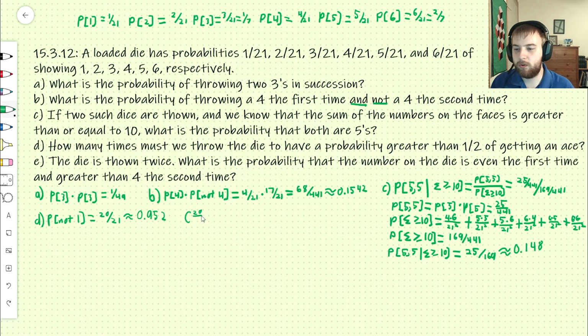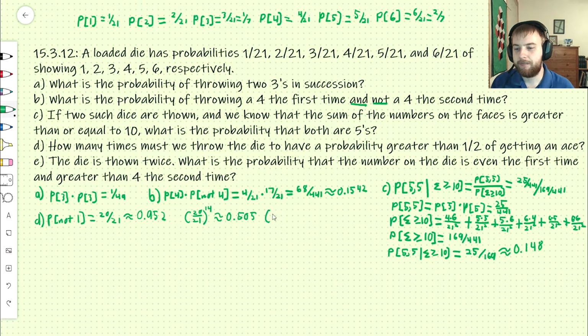So we're taking multiples of 20 over 21, and we want it to be less than a half. If we do 14 multiples, we end up with something approximately equal to 0.505.